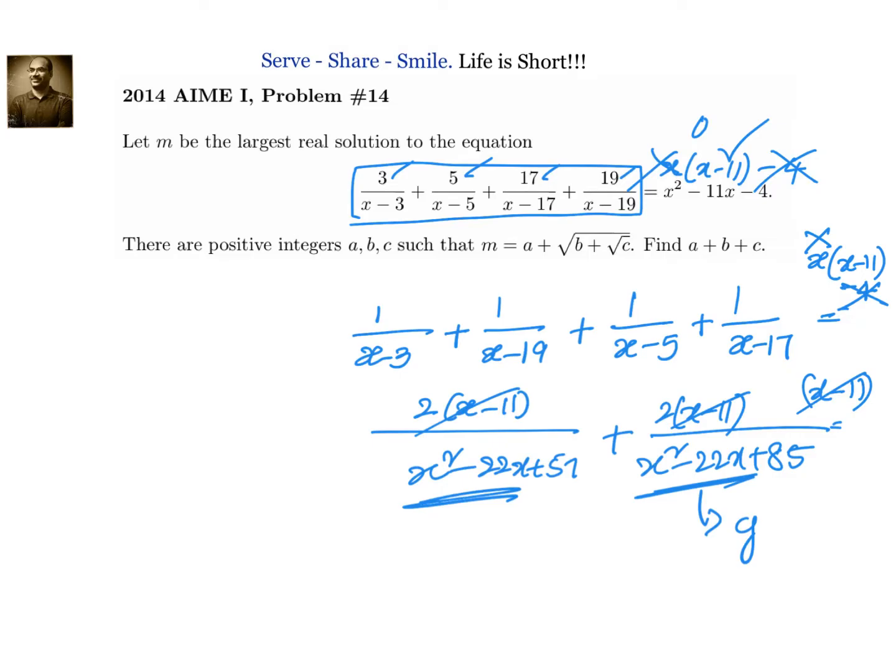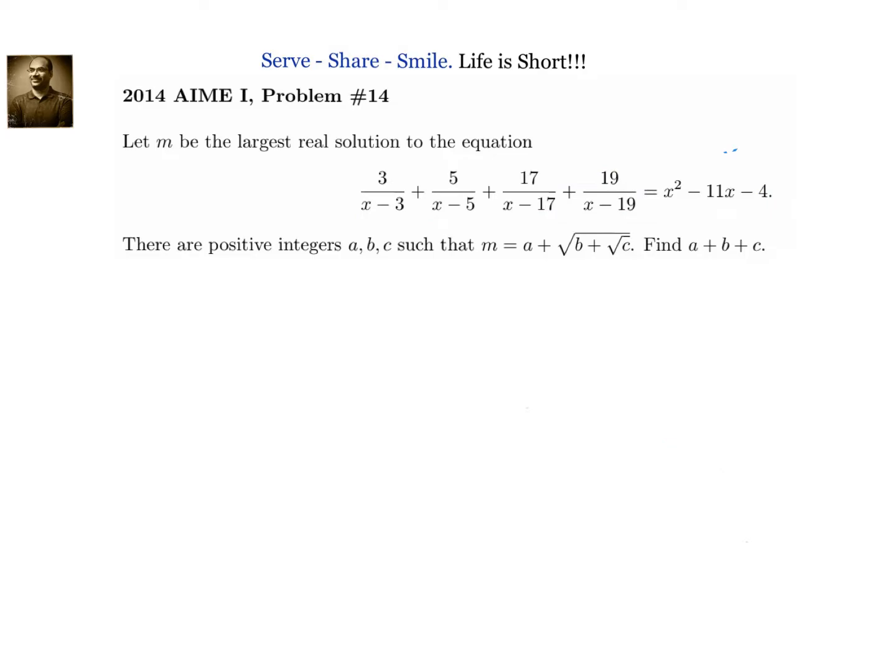So let's go ahead. Now first, how to make this 3 by x minus 3 as 1 by x minus 3. Actually we have to remove this minus 4 also. We have to remove this 3, 5, 17, 19.